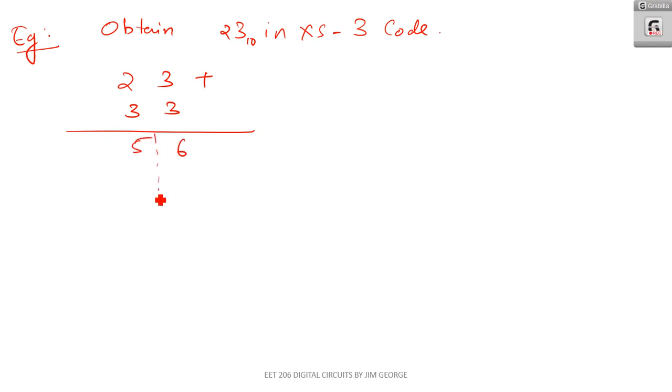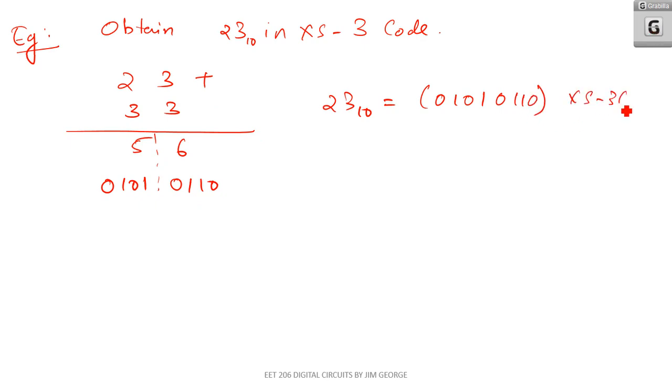Now you write the BCD code for 5 and 6 separately. The BCD code of 5 is 0101. 6 is 0110. That means the corresponding Excess-3 code of 23 to the base 10 is 01010110. Hope you have understood. That is the first example.